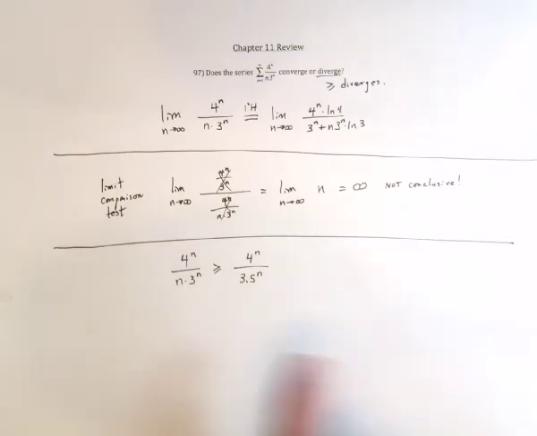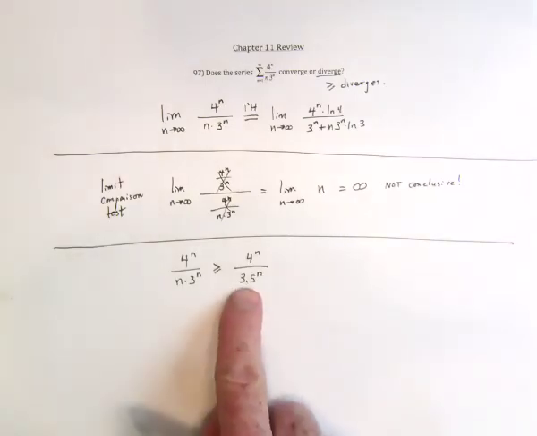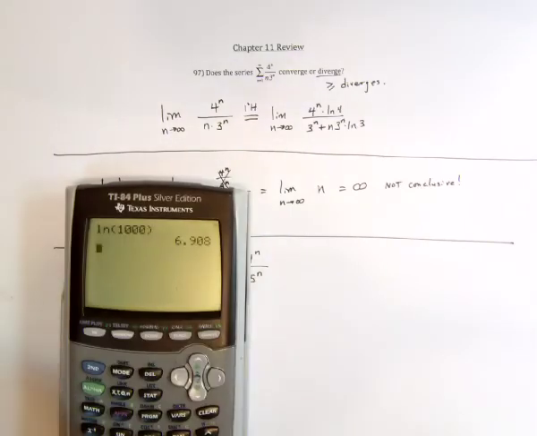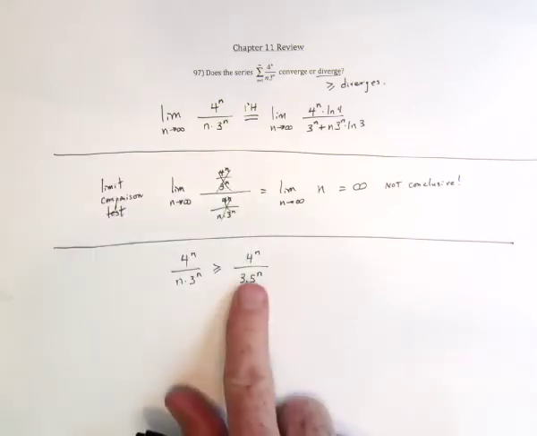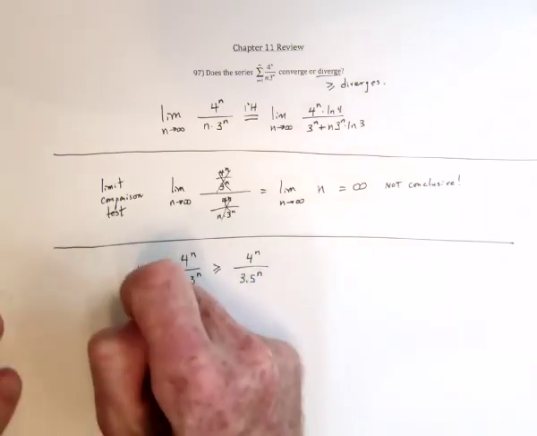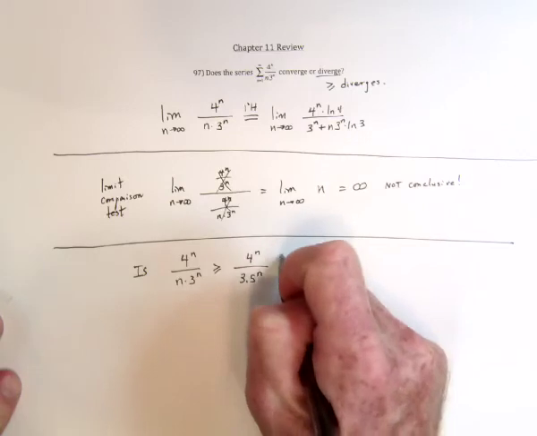So 4 divided by 3.5, that's bigger than 1. So that means if I add up this, it's going to add up to infinity because this is a geometric series with this ratio in here bigger than 1. So I need to then verify, is this inequality true?